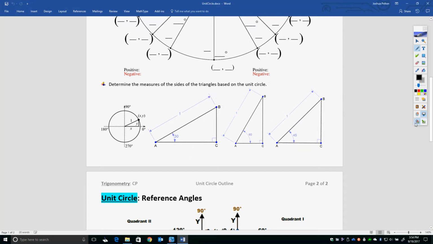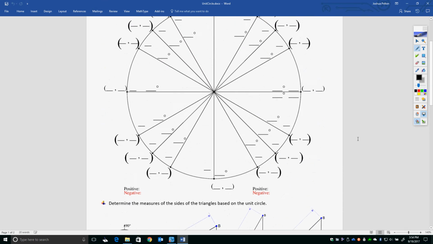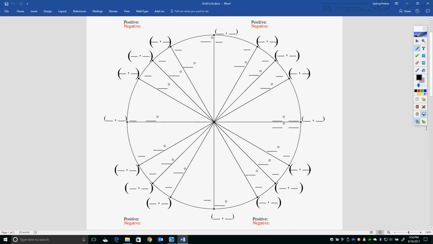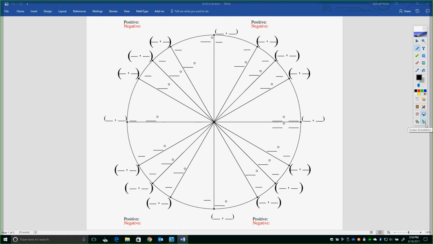Okay, let's scroll back up. The first one was a 30, the next one was a 45, and the next one was a 60. If you made the actual triangle, that's a 30 right there, next one being 45, and the next one being 60.